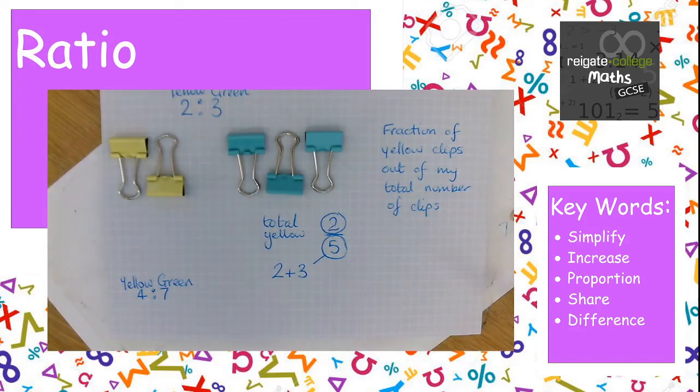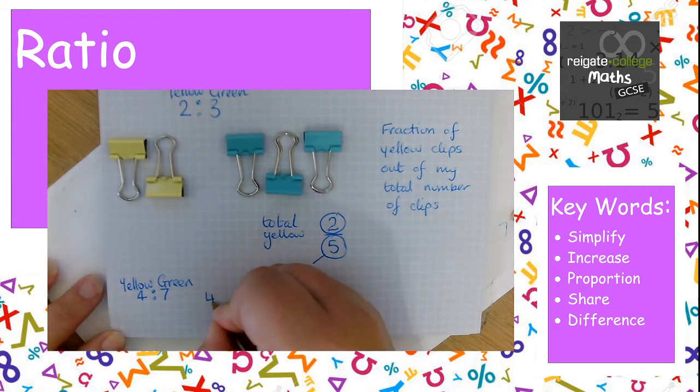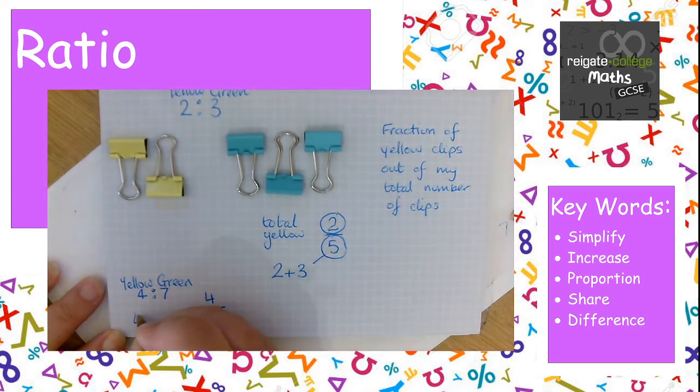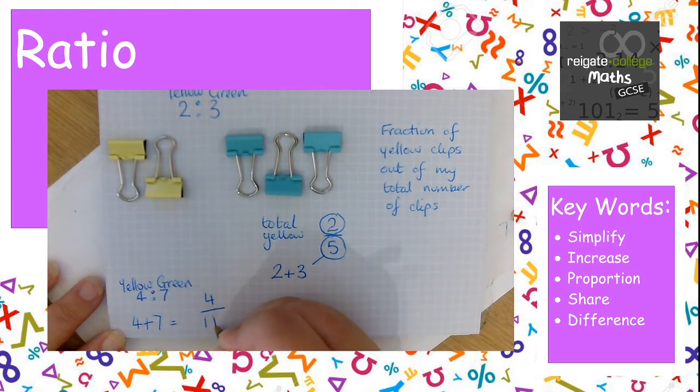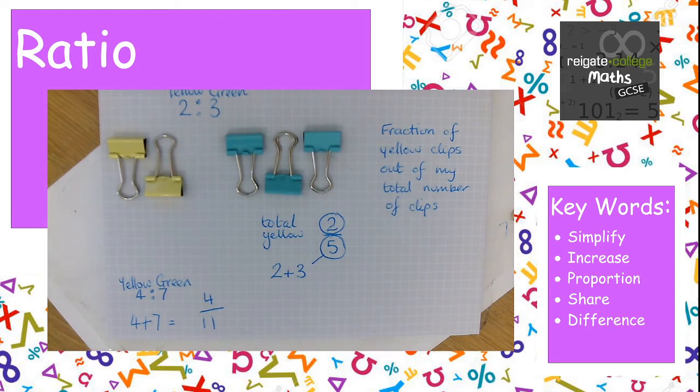So focusing just on a number example, I have here a ratio of yellow to green clips as 4 to 7. And again, I now want the fraction of yellow clips. So my numerator is going to be the total number of yellow clips, and my denominator is going to be my ratio added up. 4 plus 7 is 11. The fraction of yellow clips is 4 over 11.